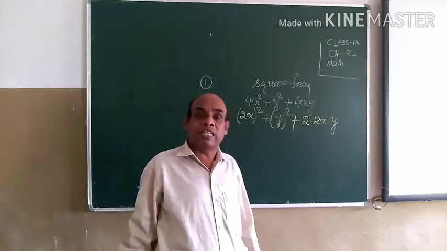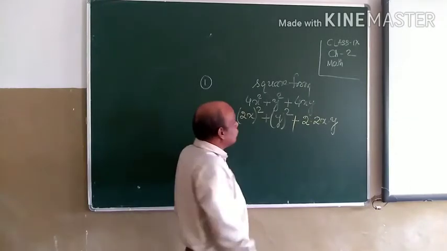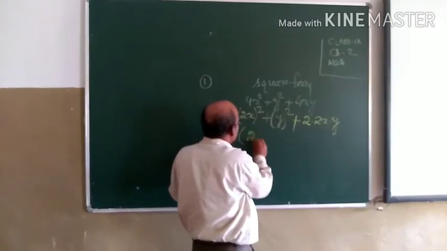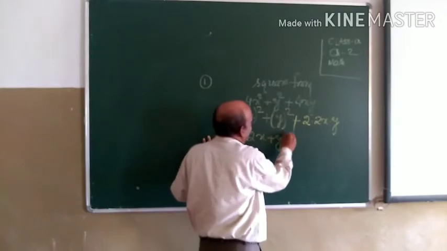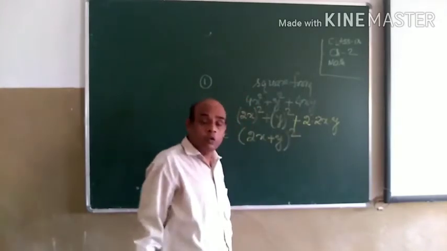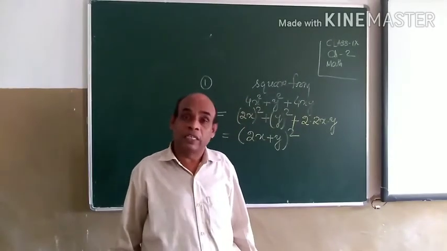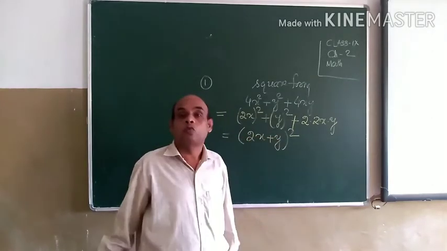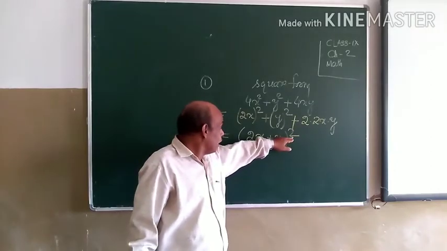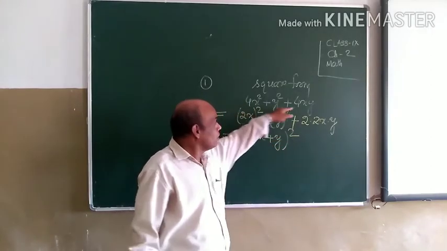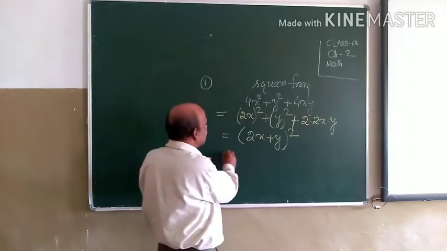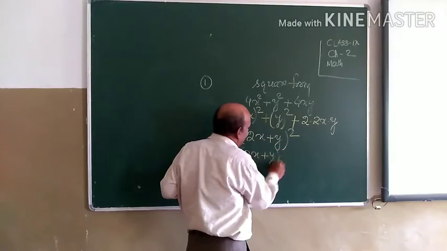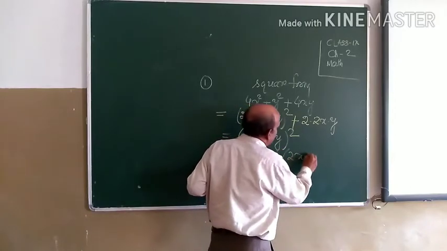So it is clear that this is coming in the form of whole square of a plus b, where a is 2x and b is y. So whole square of 2x plus y, which means 2x plus y into 2x plus y.